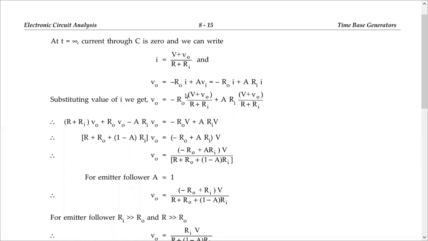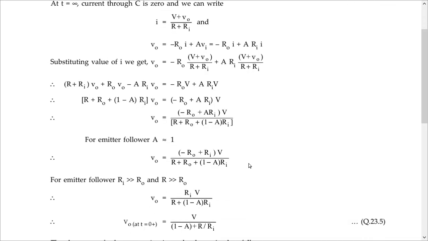If we substitute I in this expression, we get V naught terms on both sides. If you simplify this, taking V naught common, we find this is the expression for V naught that we are getting.